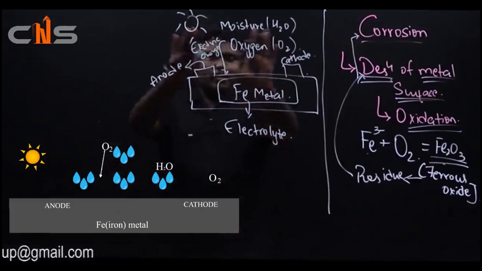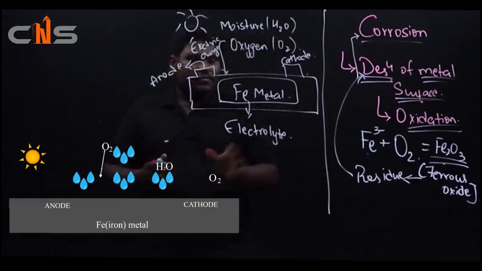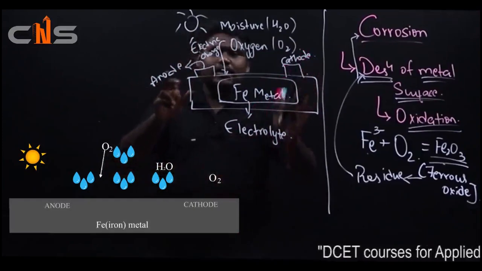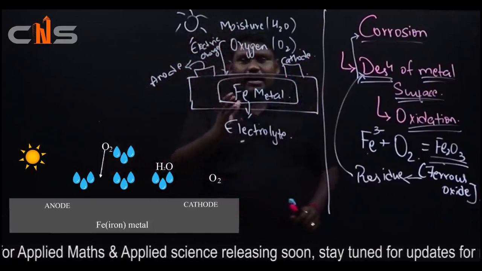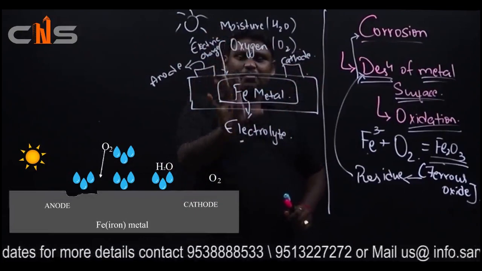So if you remember this setup, we have already discussed it in electrolysis process. So we have the electrolyte, we have 2 electrodes, that is anode, cathode, and electric charge, that is the battery. What happens there? Electrode decomposes itself and liberates ions. The same concept occurs here.